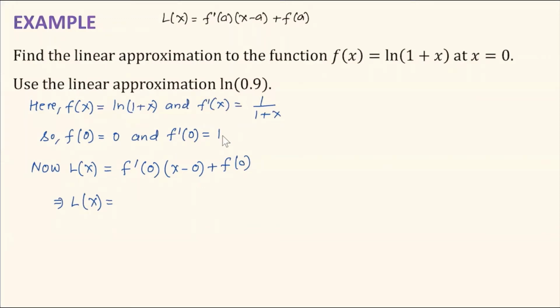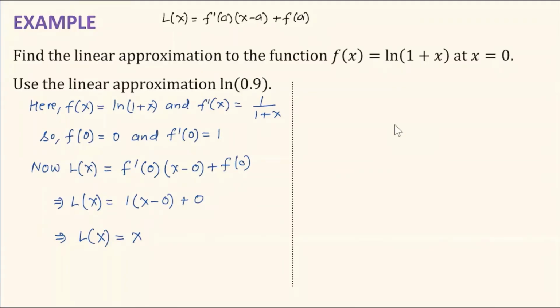So that is 1 times x minus 0 plus f of 0, which is 0. So we get the linear approximation as x. So L of x is equal to x.